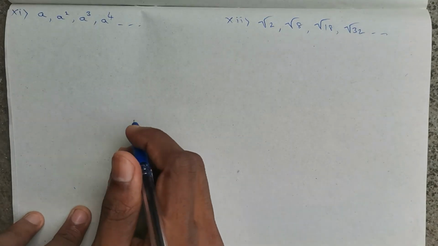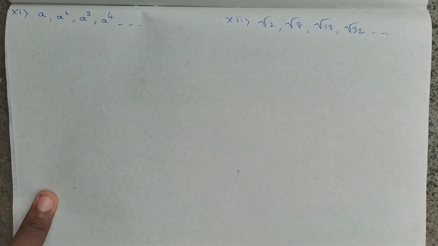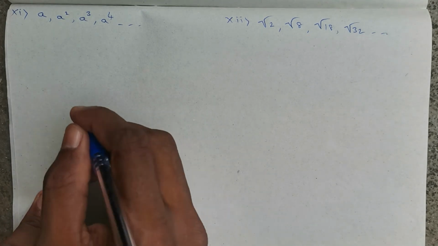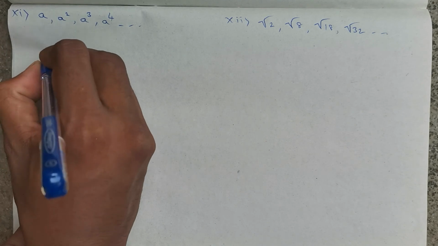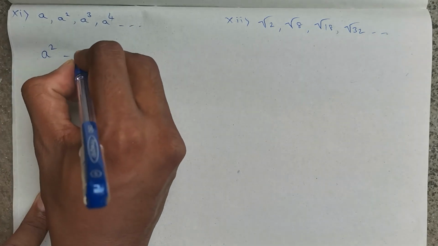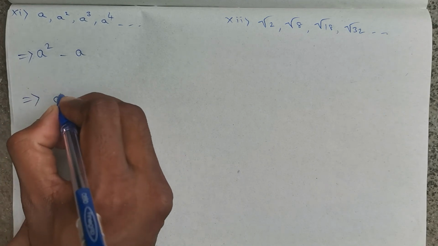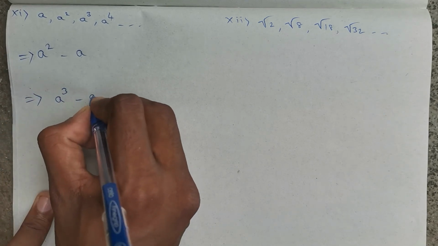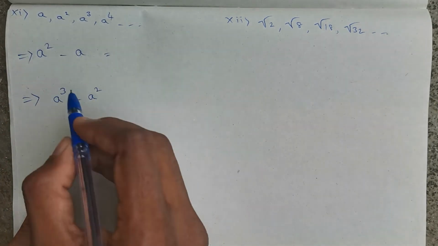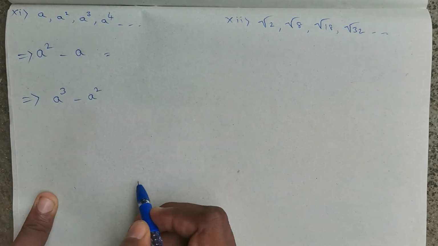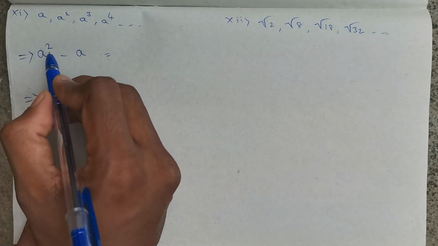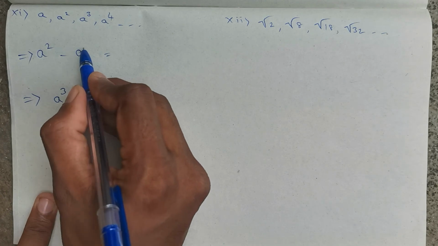Okay, the next question is a square, a cube, a power 4 and so on. Here second term a square minus first term a. Next, third term a power 3 minus second term a square. Here a square minus a: here the power is 2, here the power is 1.